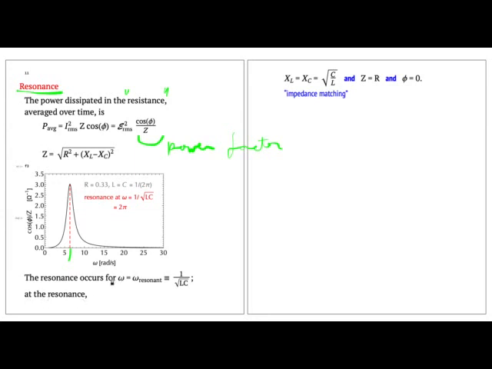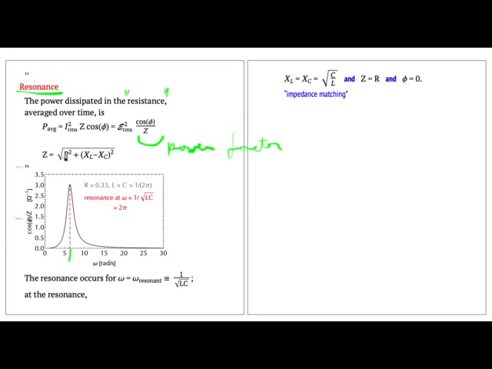At this resonant value of omega, the two reactances are equal. XL is equal to XC. They're both equal to the square root of L over C, because omega is then 1 over the square root of LC. So you see, when XL is equal to XC, the impedance is nothing but the resistance.